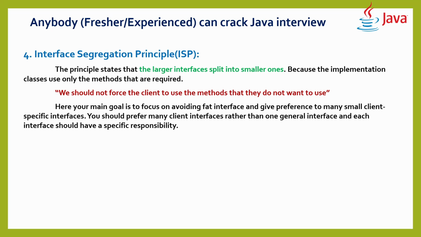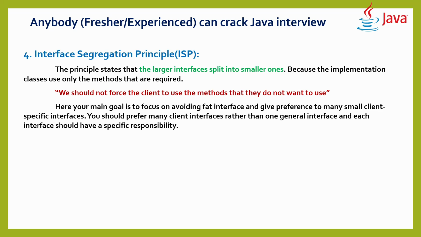Your main goal is to focus on avoiding fat interfaces and give preference to many small client-specific interfaces. You should prefer many client interfaces rather than one general interface, and each interface should have a specific responsibility.